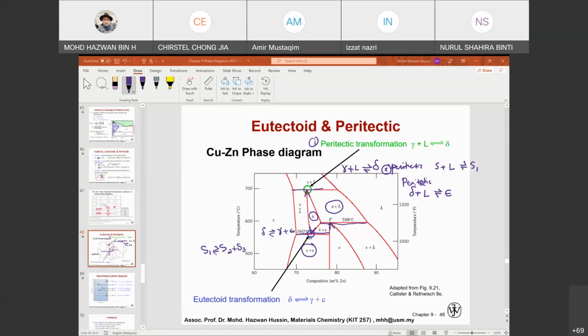Muhammad Syami ada? Okay, Syami boleh nampak apa lagi dekat dalam phase diagram ni, selain daripada reaction yang tadi saya dah beritahu? Monotektik ke? Monotektik kat mana tu? Dekat boundary.